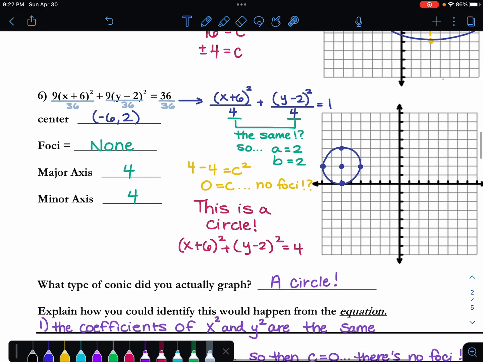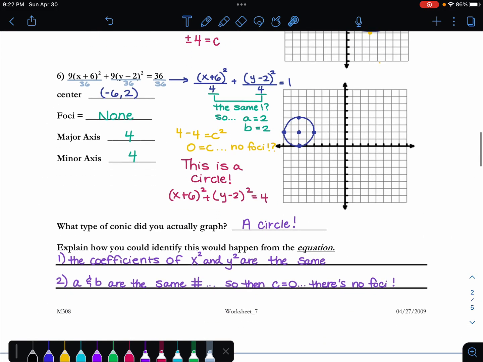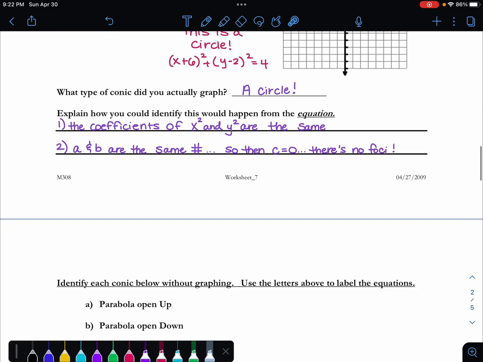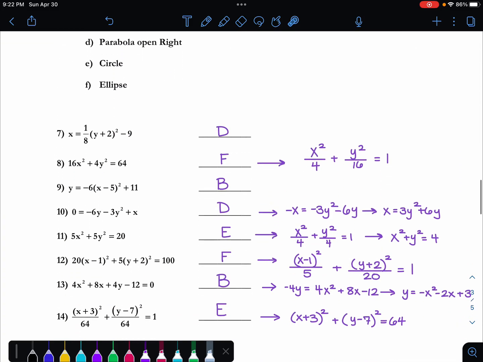So instead of dividing by 36, we divide everything by 9, and that's where we get 36 divided by 9 is 4. The radius squared, 2 squared, is 4. Make sure you know how to identify an ellipse versus a circle. That's one of the things that will be assessed on the quiz today, and what we practiced here.